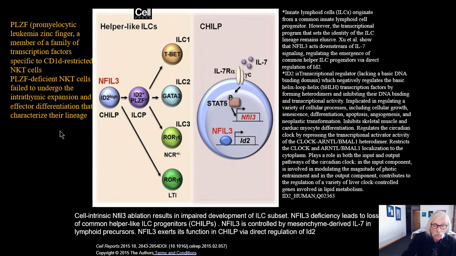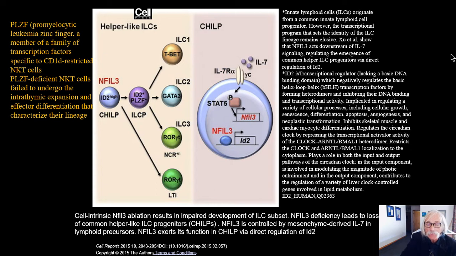Okay, that's what I want you to get. And you start up with this common helper-like innate lymphoid cell progenitor. That's what those are. All right. So ID2 is a transcriptional regulator. Okay, it's another one. So a transcription factor, if you like. But it doesn't have that basic binding domain.